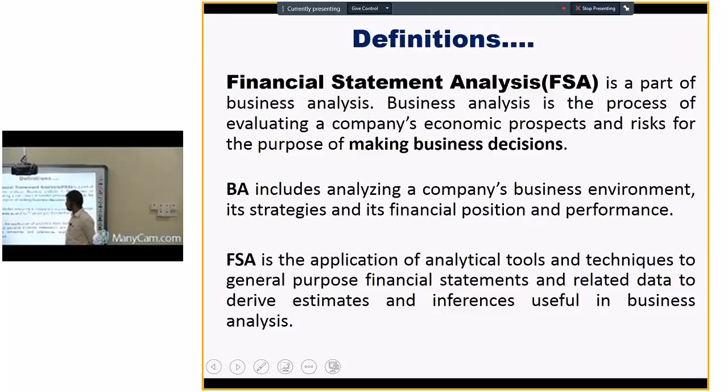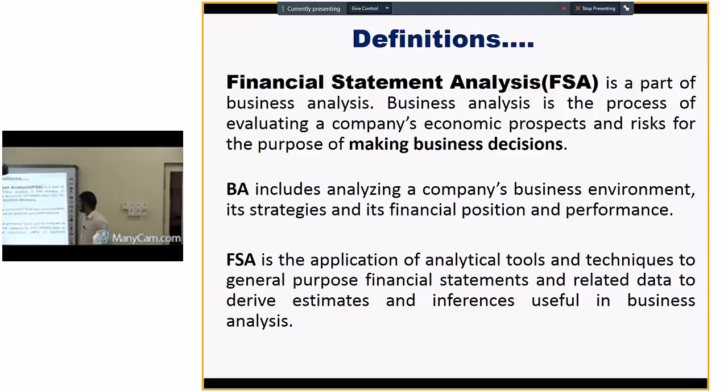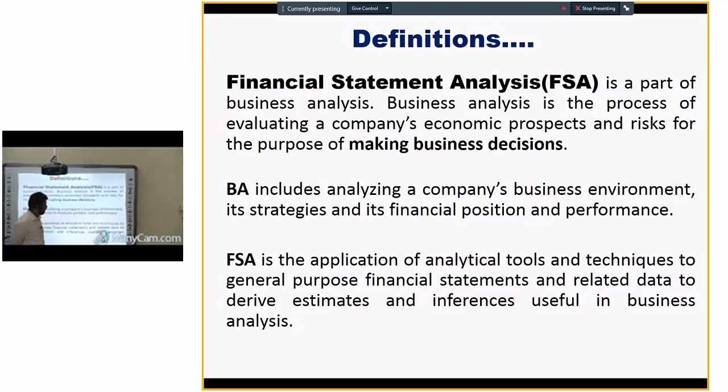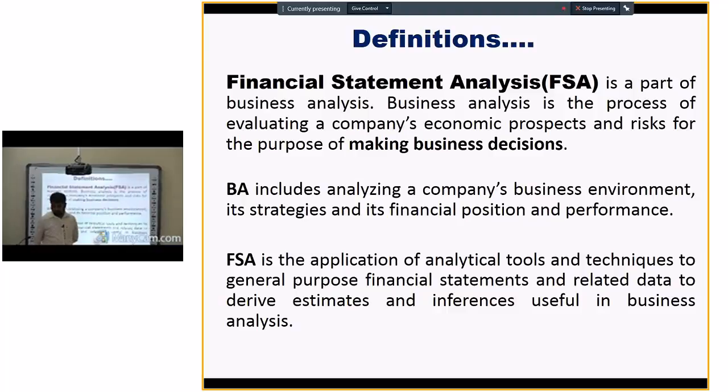If you read it, financial statement analysis is the application of analytical tools and techniques to general purpose financial statements and related data to derive estimates and inferences useful in business analysis. Here we can deeply analyze that data by using financial statement analytical tools and techniques. Then finally we can use those techniques and the results of the analysis for making business decisions.